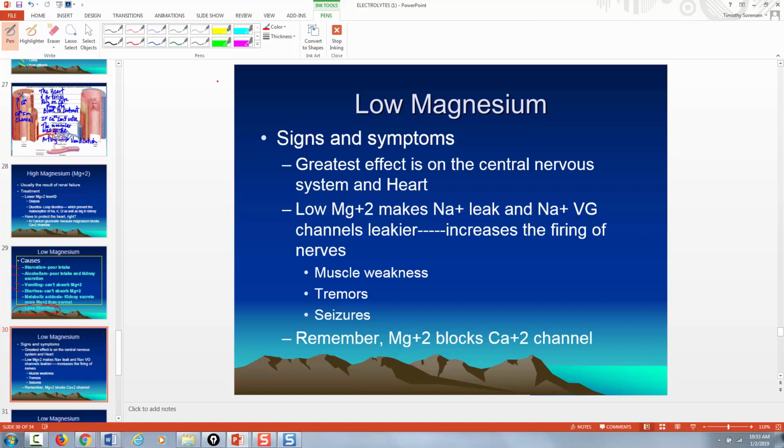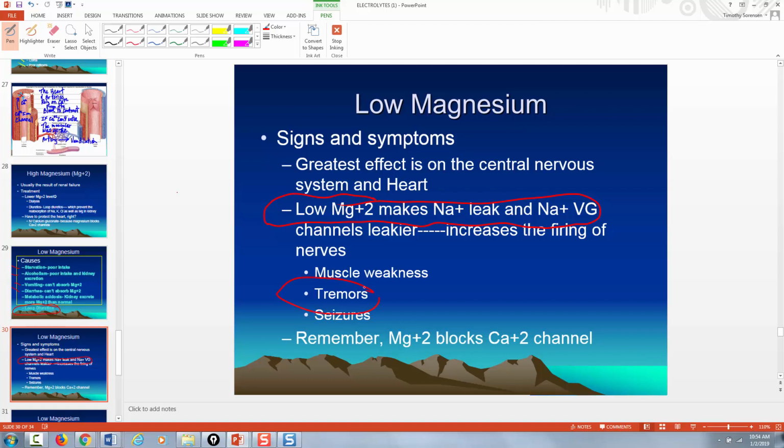Oh, this is very important too. Watch it. Low magnesium makes sodium leak and voltage gated channels leakier. So if more sodium leaks into a nerve, like we've been talking about, it will increase the firing of that nerve.